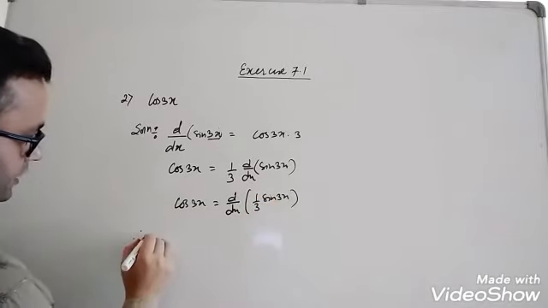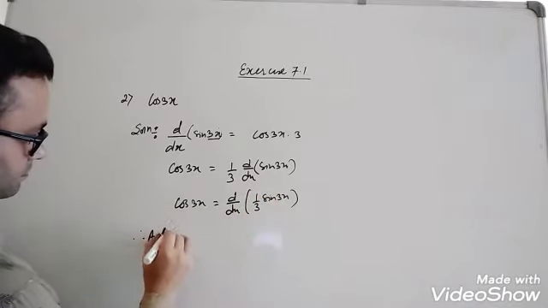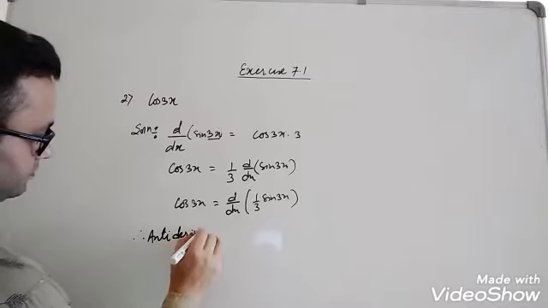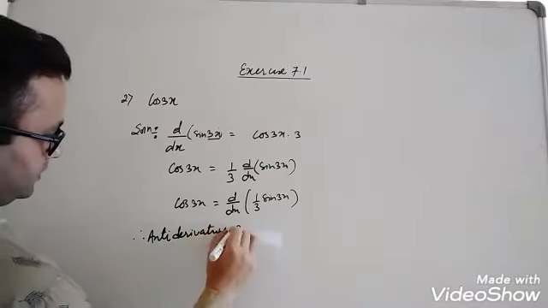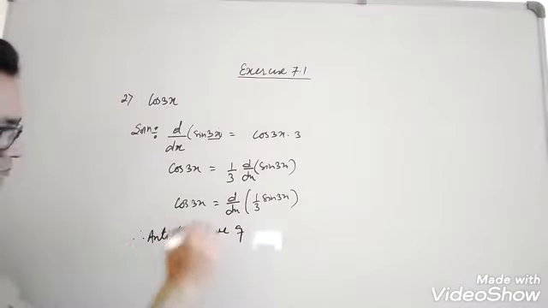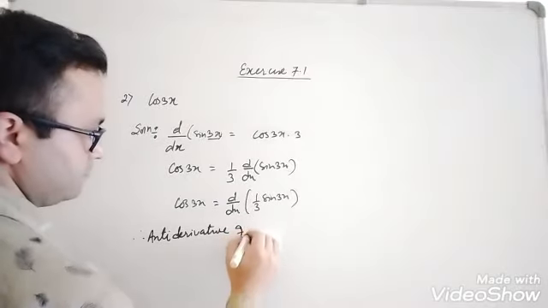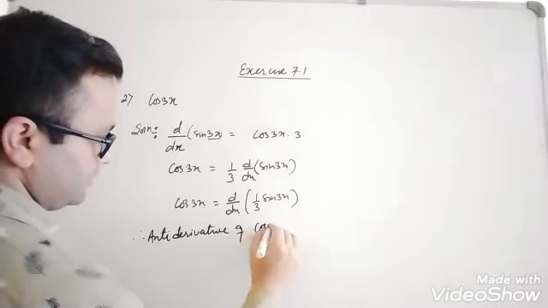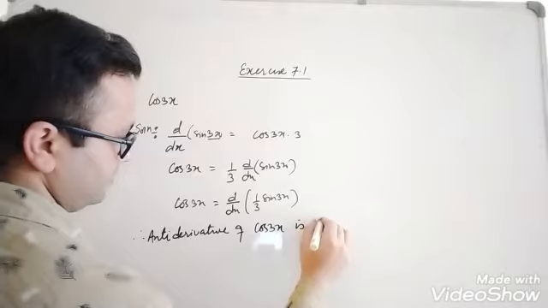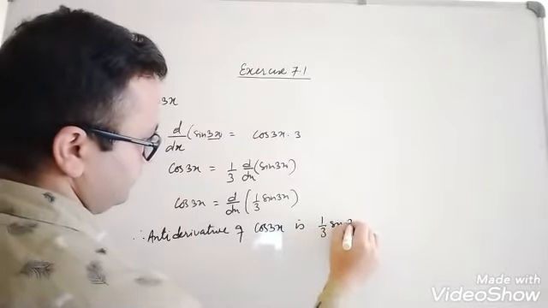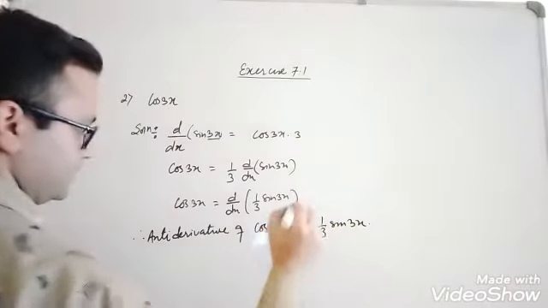So therefore the antiderivative of cos 3x is 1 by 3 sin 3x. Now let's check.